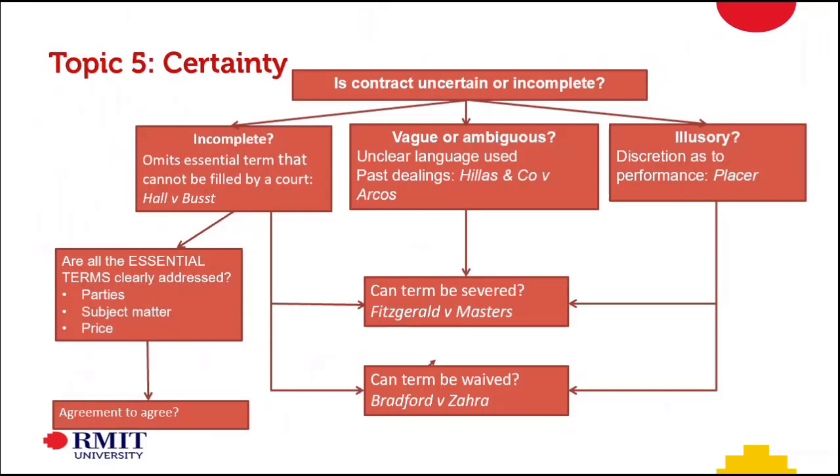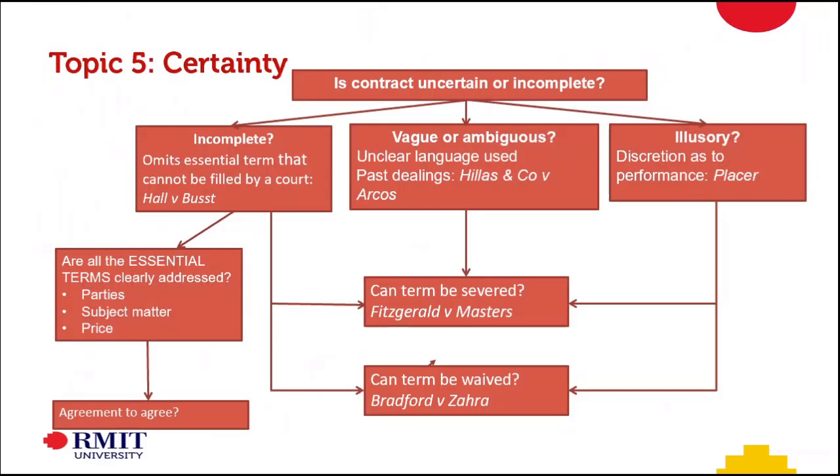So we end up with that double negative language of not illusory. But not illusory is the easy one to see, in a way, where the party who is making promises has such broad discretion, just like the Commonwealth did in Australian Woolen Mills, they can vary the price at any time. They can do what they want to do at any time. It's likely to be an illusory promise.